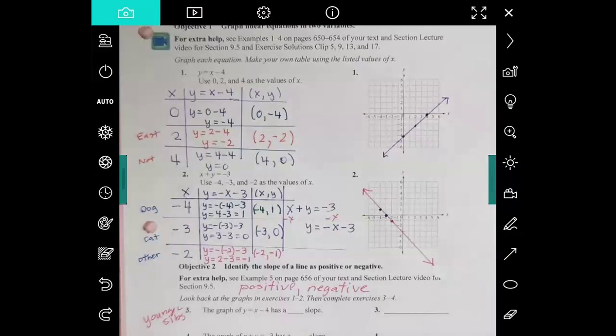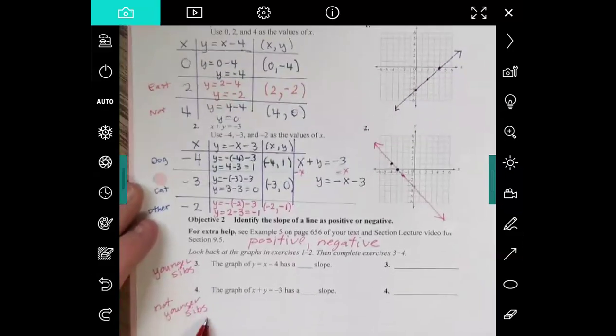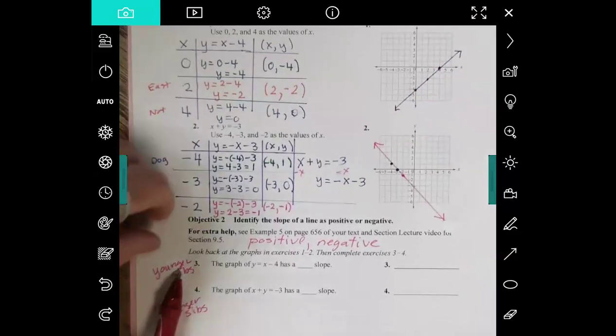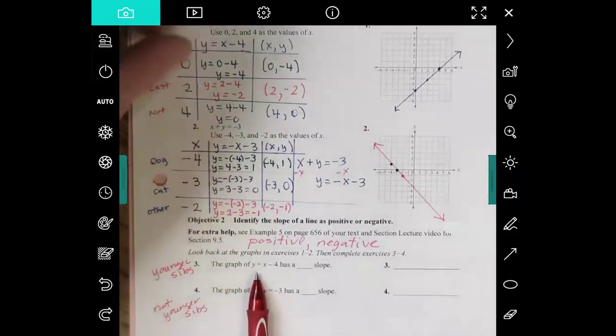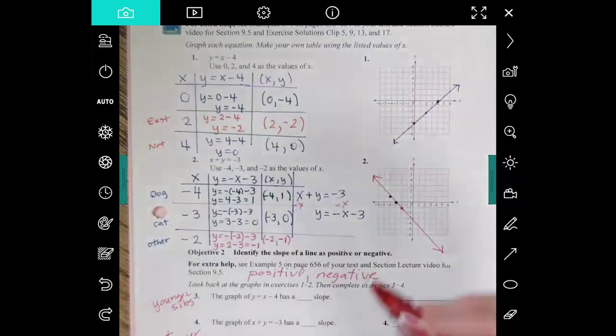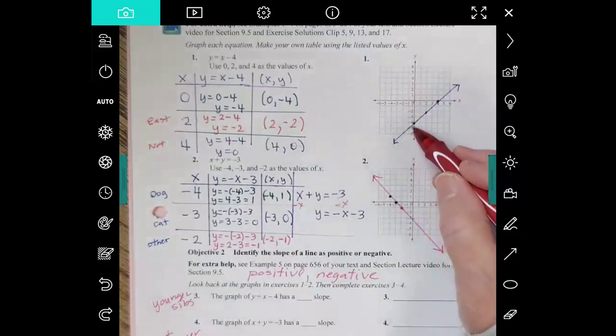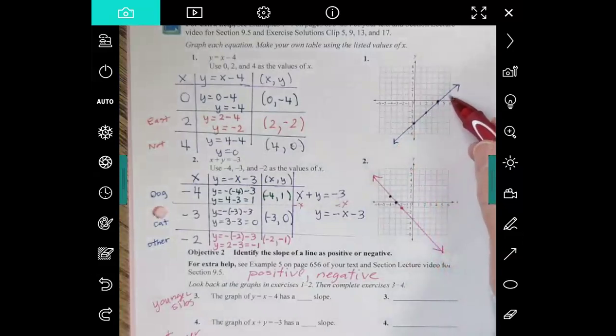Mia, which group are you in? Number 3 or number 4? Number 3. Okay. You have younger sibs. What is the slope of this one? Is it positive or negative? Positive?